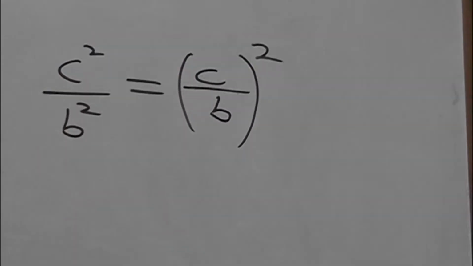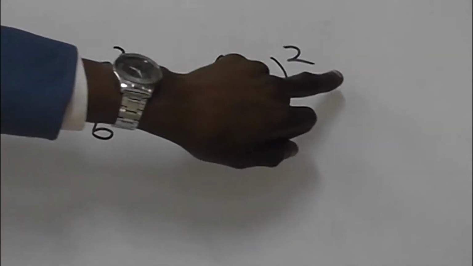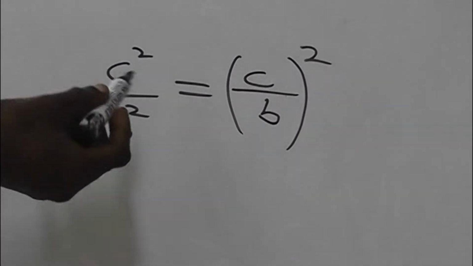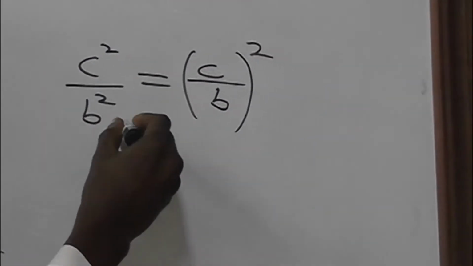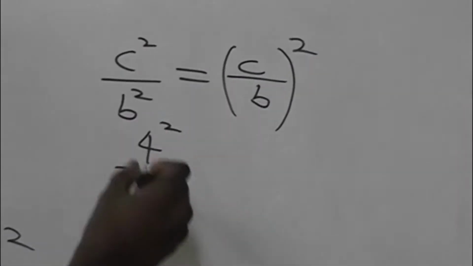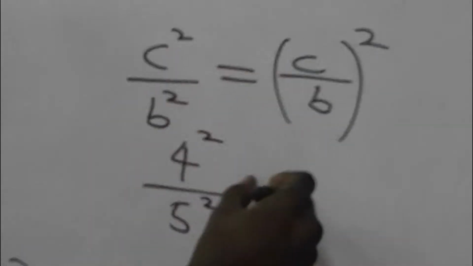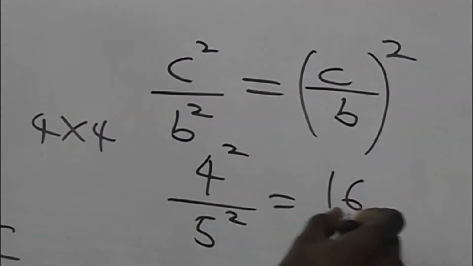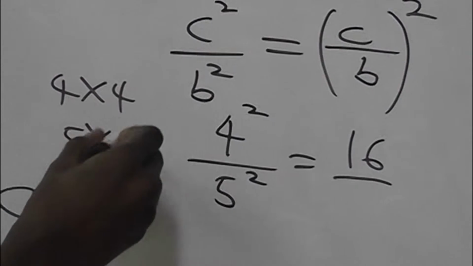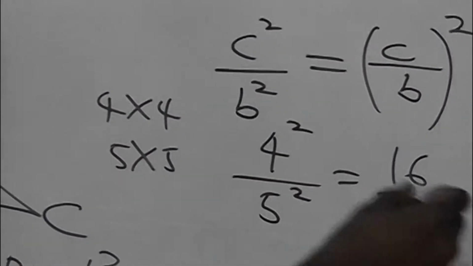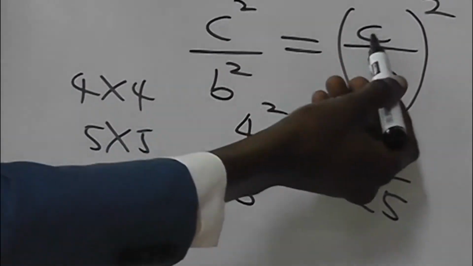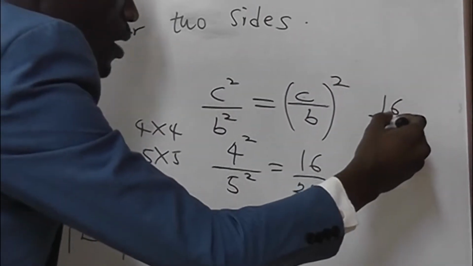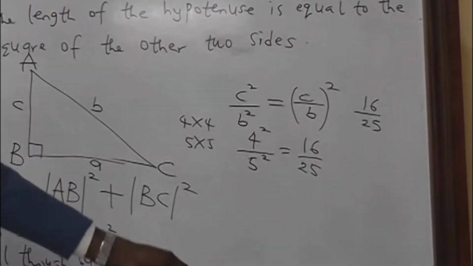Since this is square and this is square, we can collect the square together and we have it as c over b, all squared. An example is something like 4 square divided by 5 square. 4 square is 4 multiplied by 4, which is 16. 5 square is 5 multiplied by 5, which is 25. The same thing, if you make use of this one too, we have 4 square, which is 16, and 5 square, which is 25.